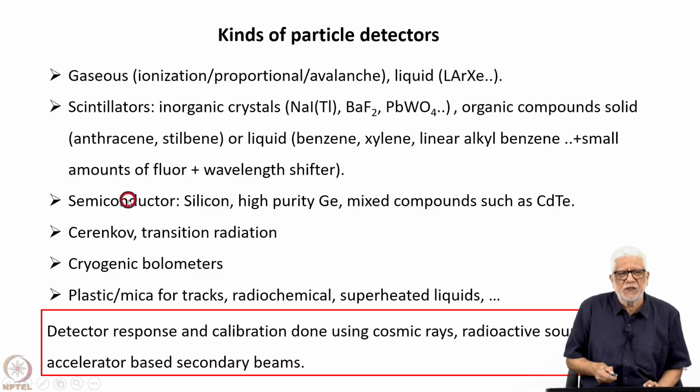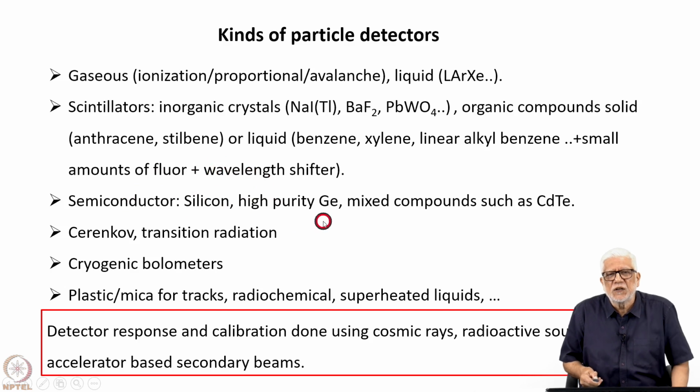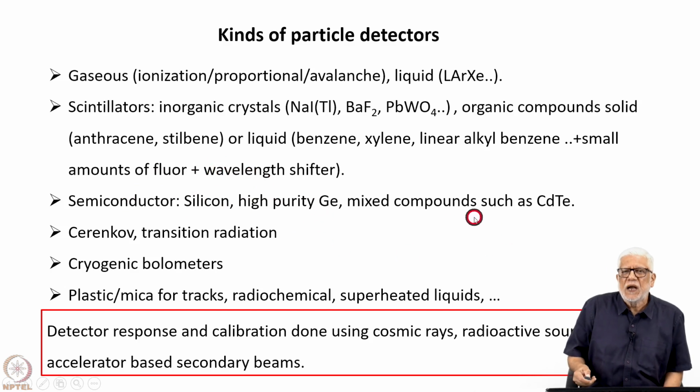Then there are semiconductor detectors such as silicon, high purity germanium, and also mixed compounds such as cadmium telluride and so on. Then there are, as I already said, the Cherenkov and transition radiation detectors. There are cryogenic bolometers where you actually heat up the sample a very teeny weeny amount and you measure the rise in the temperature.